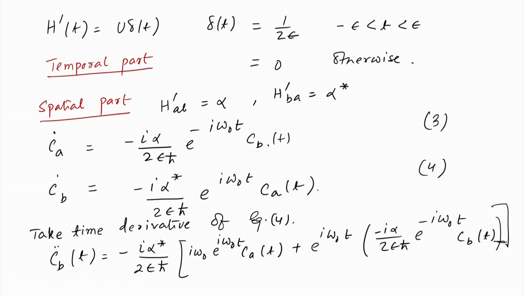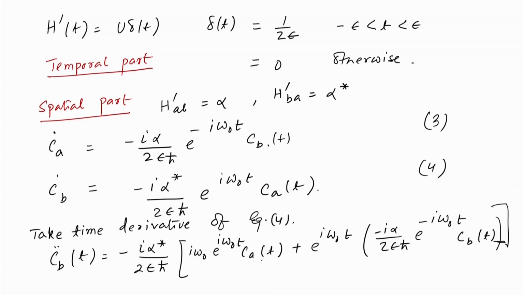Okay. So, that is the C_b double dot, and one can actually make a simplification of that. So, C_b double dot of t is equal to minus i alpha star by 2 epsilon h cross and i omega naught. Now, in place of this C_a of t, one can replace it in terms of C_b from equation 4.